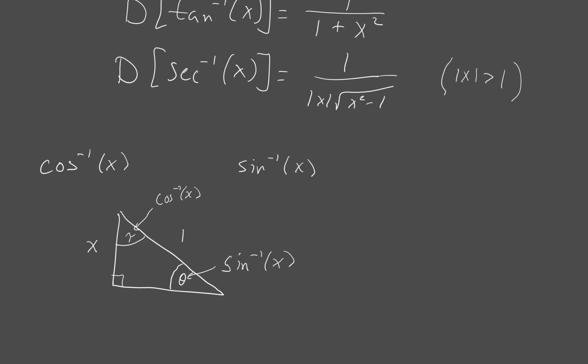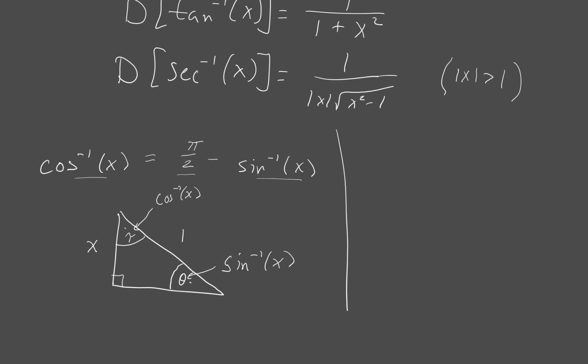The ratio in this triangle of x, you can either get it from the sine of this angle, or you can get it from the cosine of this angle. And because that's true, the cosine inverse is pi over 2 minus the sine inverse, right? These are angles, and the angles in a triangle have to add up to 180 degrees, so they're complementary angles here. 90 minus this angle would give me this angle. Similarly, 90 minus the cosine inverse would give me the sine inverse. So there's this relationship between cosine inverse and sine inverse.